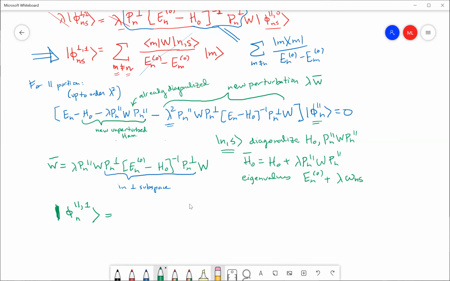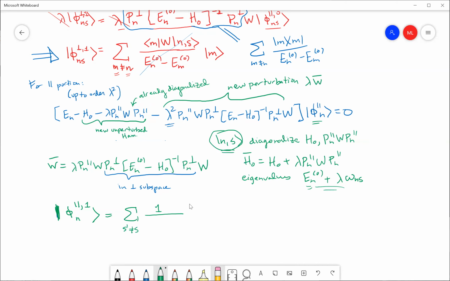So when we do the state correction, what is it? We're going to get a sum over S prime not equal to S. Remember, we're in that parallel subspace, so we only really care about these states. We get a difference in the eigenvalues between S prime and S. The En not just cancel.